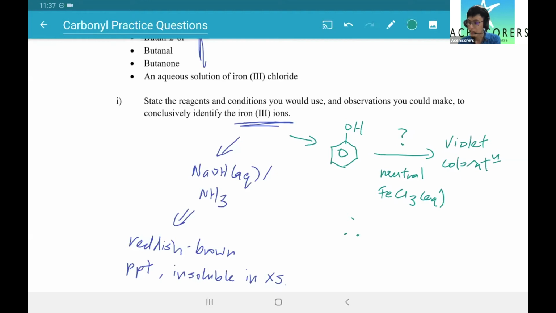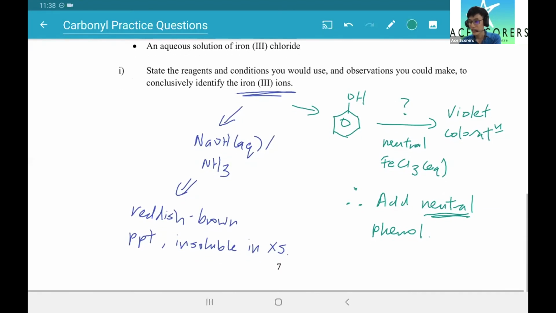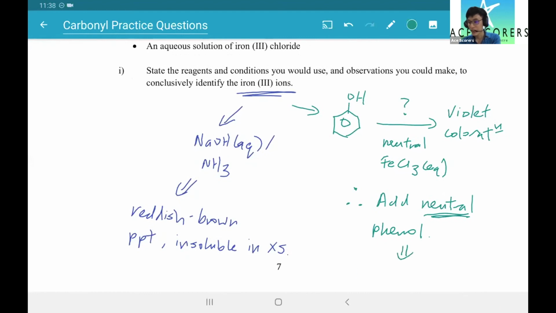The original reaction is neutral FeCl3 aqueous, so here you add neutral phenol. Because the reaction needs to be in neutral condition, then you see the violet coloration. Fe3+ by itself is actually acidic, so if you just add phenol, you won't see the violet coloration. That's why you need to turn up the pH a little bit, so I say add neutral phenol. Then you will see a violet coloration.